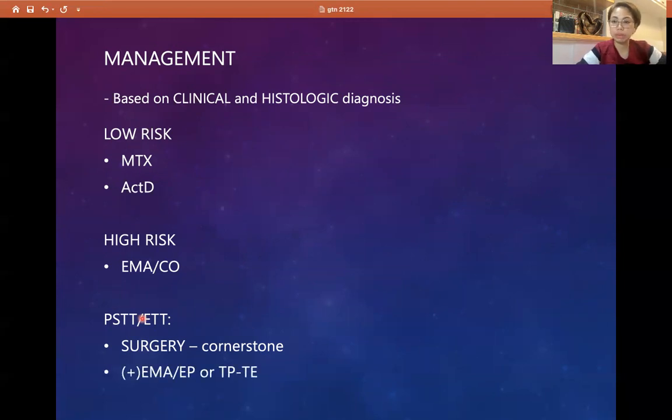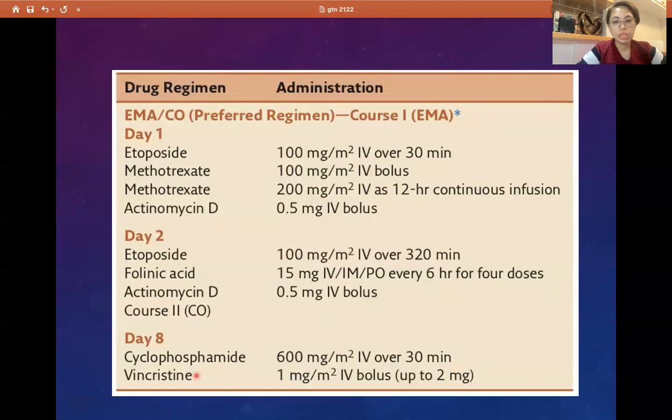Although these are relatively chemoresistant and lacking support, there are still some who manage them with chemotherapeutic drugs. So this is what I was saying earlier. These are the doses and the course of the drug regimen that we give for combination chemotherapy.